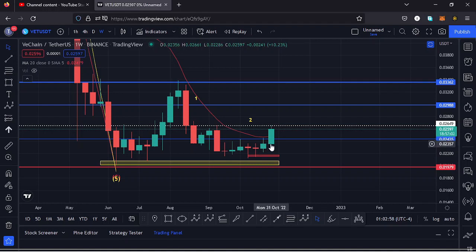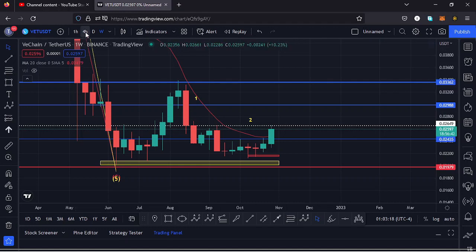And over here we have also seen an engulfing candlestick, that is a bullish candlestick, and that means maybe Vechain is on a movement that could be taking us to higher prices. And also here on the weekly chart we have also managed to break above the 20-day MA, which is also giving us support here on the weekly chart.